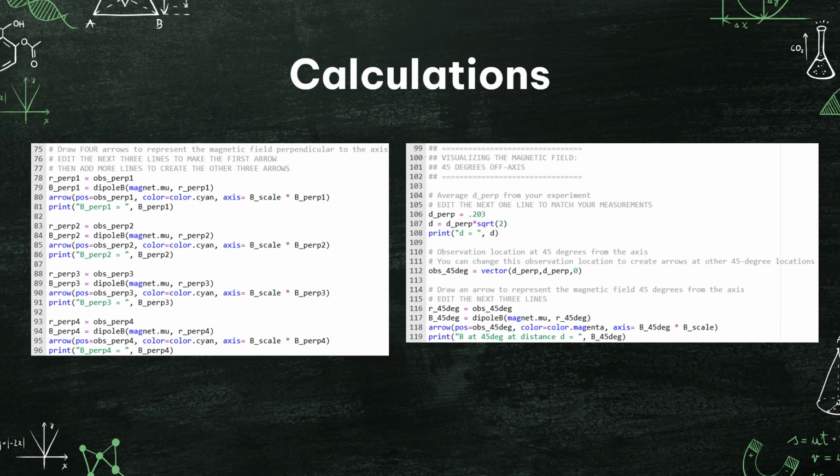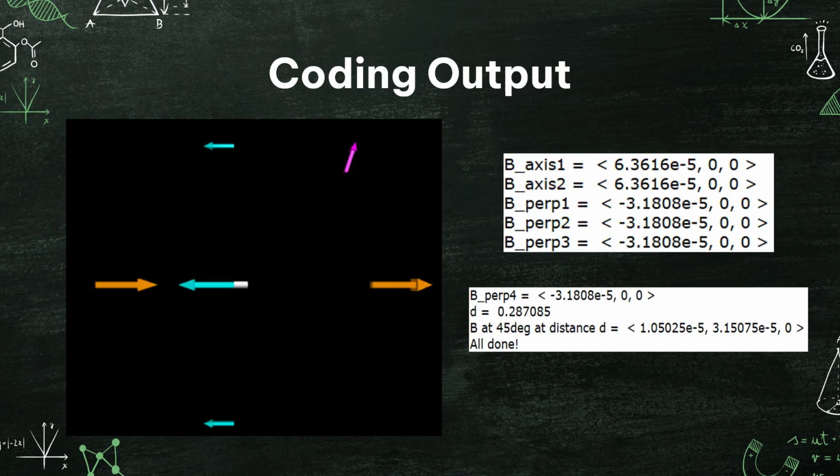Now on the left side, you can see I'm creating the magnetic field functions using that same function at the different perpendicular to the magnet locations. And then here on the right side, I am creating the magnetic field at a 45-degree angle from the bar magnet. Now here are the results with the bar magnet seen in the middle.